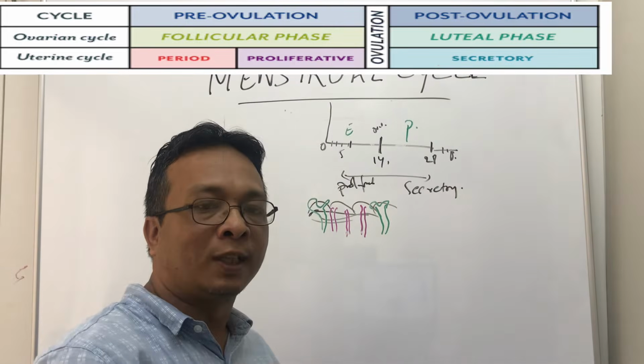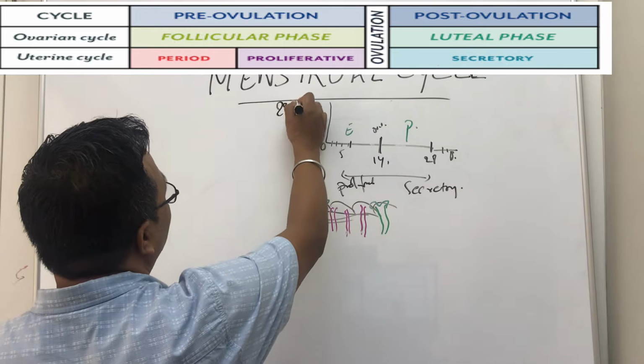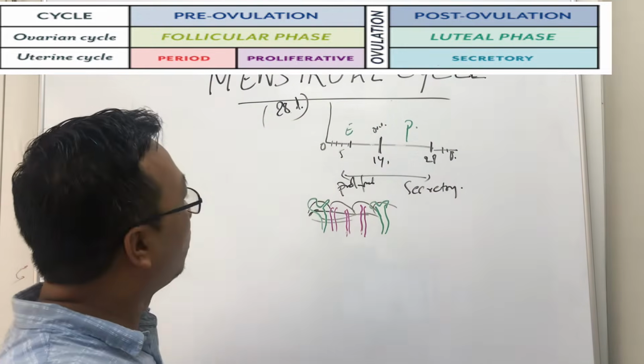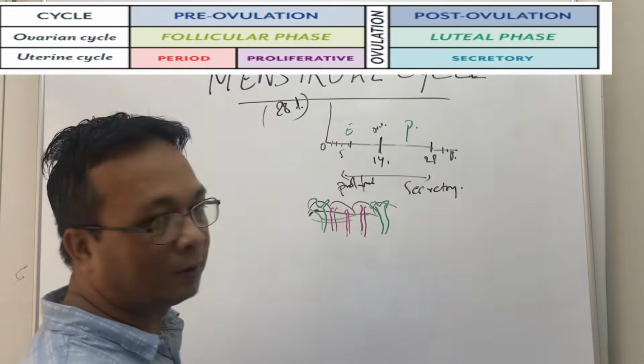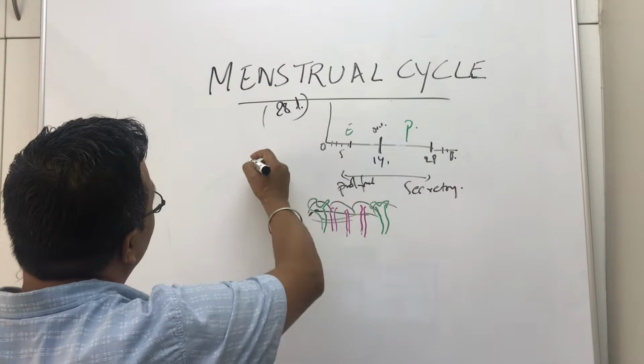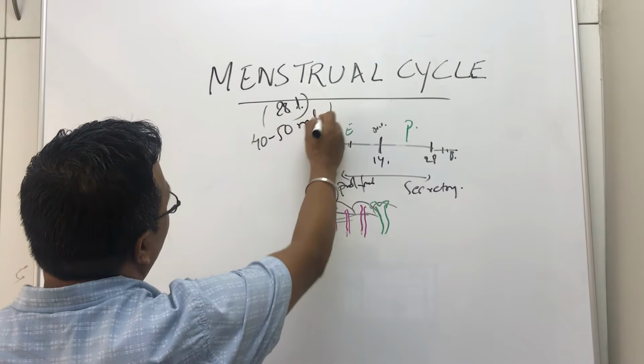So a normal menstrual cycle is a 28-day cycle, right? With an estrogen phase and a progesterone phase, or a proliferative phase and a secretory phase. The normal blood lost in menstruation is around 40 to 50 ml.